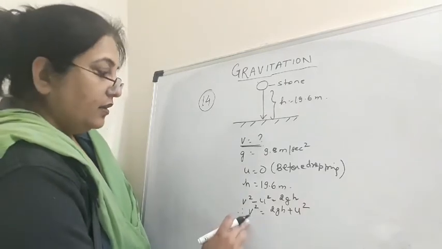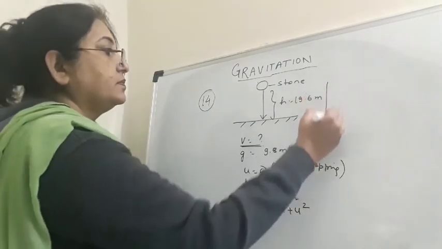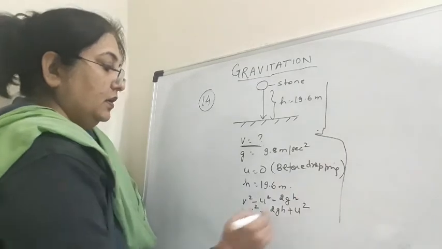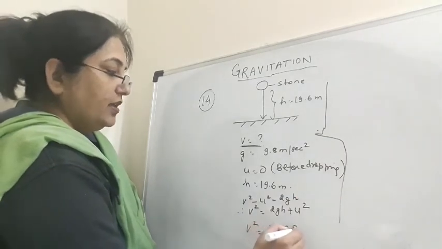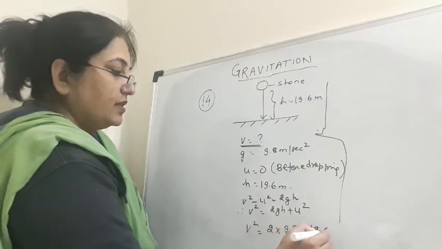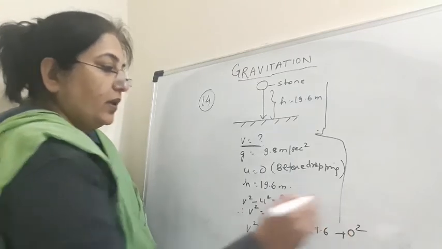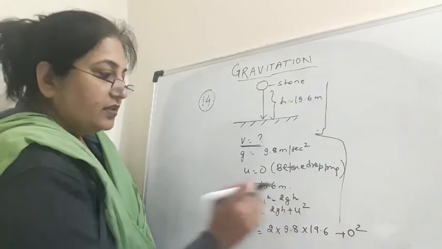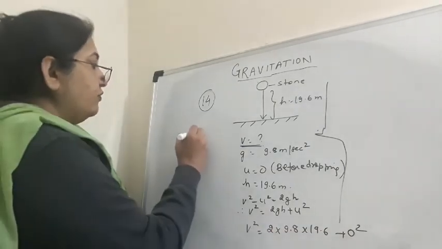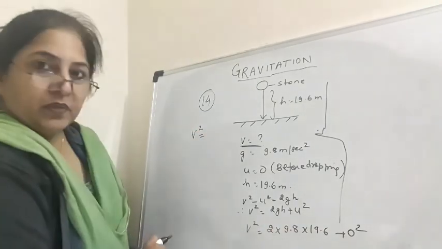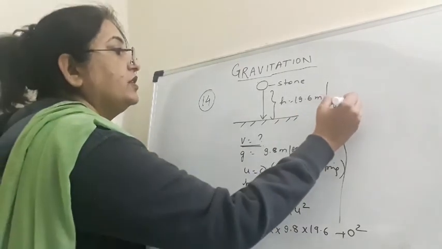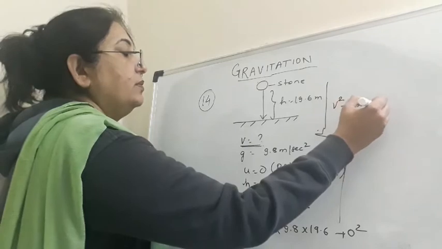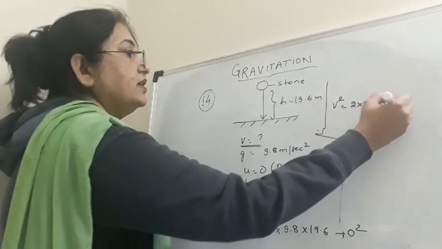Okay, then v square is equal to 2 into 9.8 into 19.6 plus 0 square. Okay, so this quantity will disappear. We will now have v square is equal to 2 into 9.8 into 19.6.